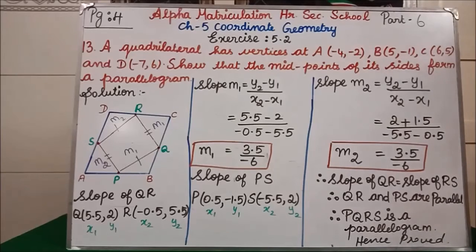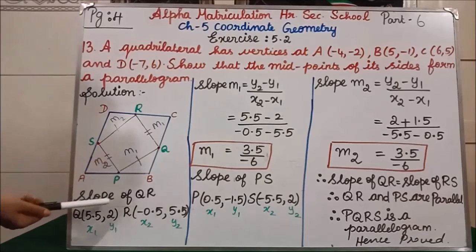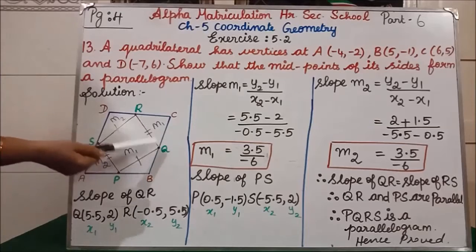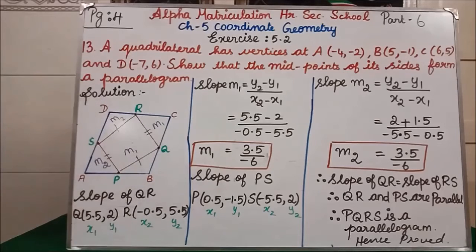How are we saying this? See, PQ is equal to RS, we have proved on page number 3. Next, another thing we have proved: QR is equal to PS. Which means PQ is parallel to RS, and similarly QR is parallel to PS, we have proved.